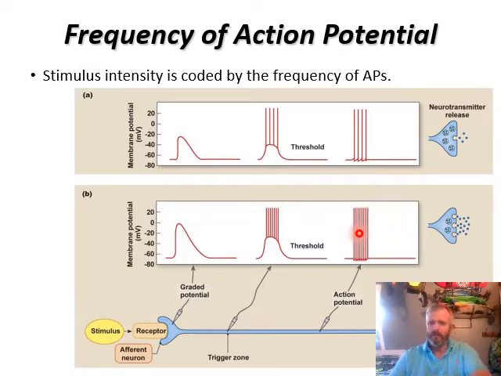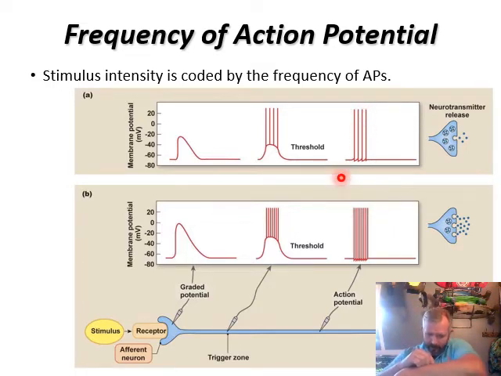They're coded by the frequency of action potentials. My sensory neurons respond, I have touch receptors. Okay, touch receptors respond to touch, and when I touch, it creates a graded potential. I can touch very softly, all right, and I would have a small amount of, or slower, frequency of action potential.